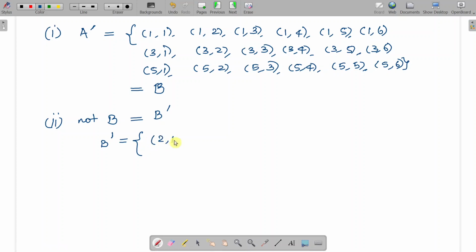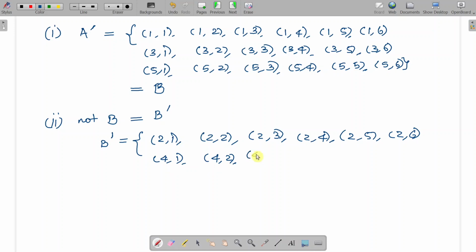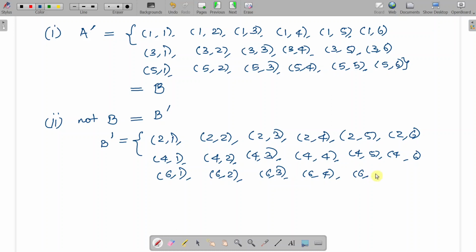Okay, so that is nothing but 2 comma 1, 2 comma 2, 2 comma 3, 2 comma 4, 2 comma 5, 2 comma 6, right, then 4 comma 1, 4 comma 2, 4 comma 3, 4 comma 4, 4 comma 5, 4 comma 6, then 6 comma 1, 6 comma 2, 6 comma 3, 6 comma 4, 6 comma 5, 6 comma 6.